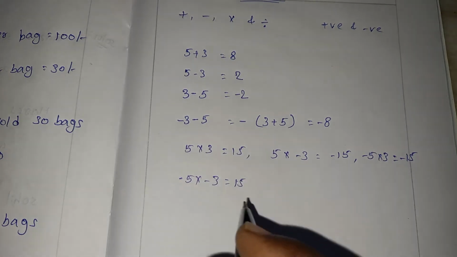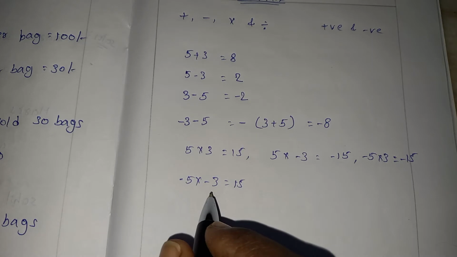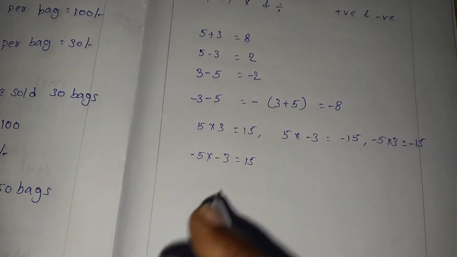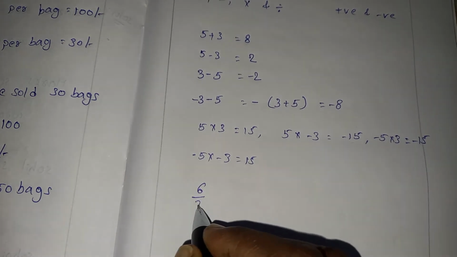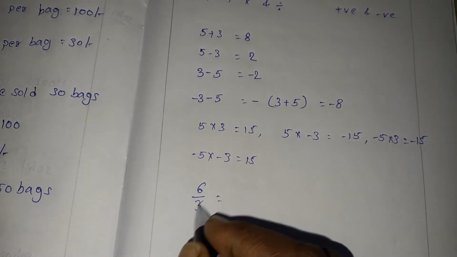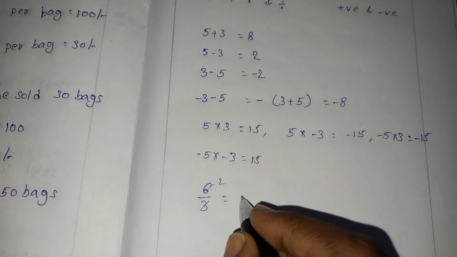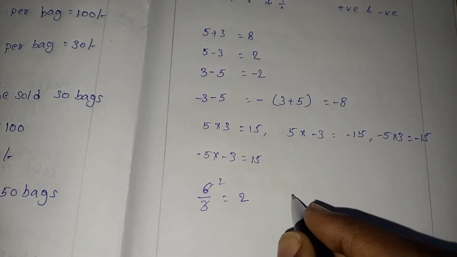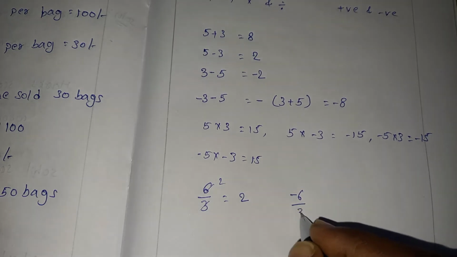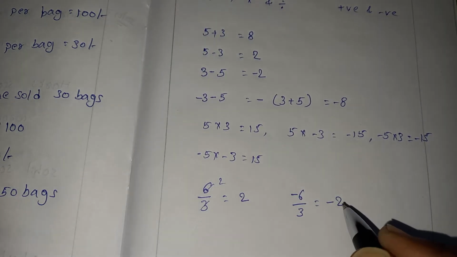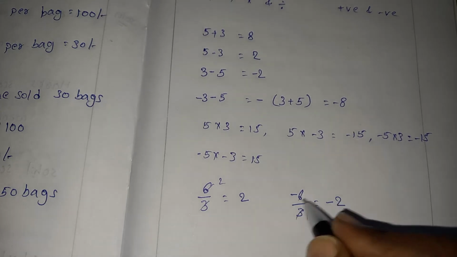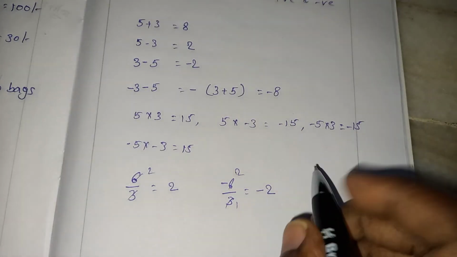So still now we saw only up to multiplication. Now we have to learn about division. I am going to take 6 divided by 3. What is the answer? 3 twos are 6. So answer is 2. If 6 is having a negative symbol, then it will be minus 2, because 3 twos, minus 2.